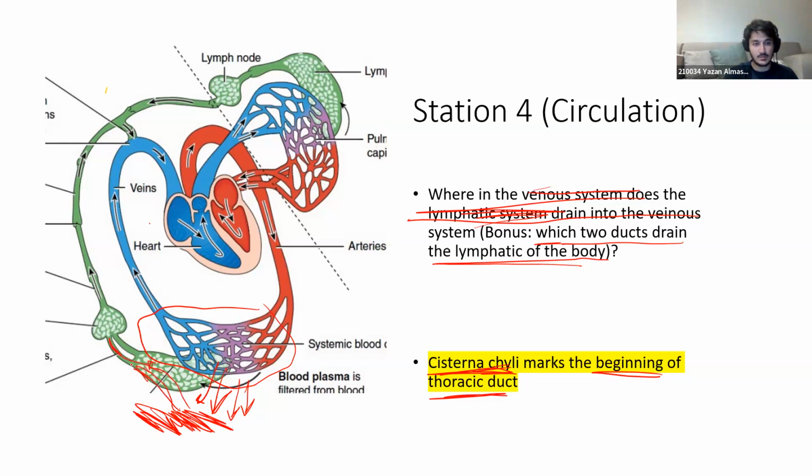It goes from here, from the afferent vessel, sorry, and then goes to the lymph node, where it's screened to check if there is any bacteria or anything that's bad, to basically filter that fluid, okay? And then it will go through the efferent vessel, and from the efferent vessel, it will go to one of two places, either the thoracic duct on the left, or the right lymphatic duct on the right.